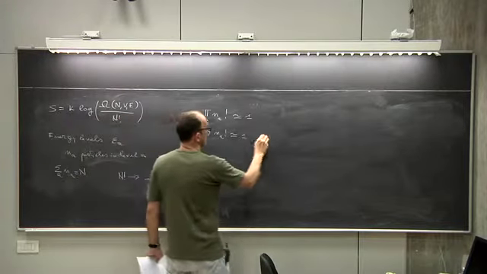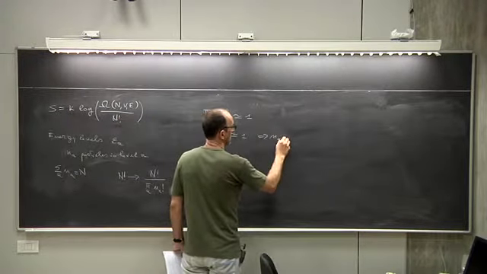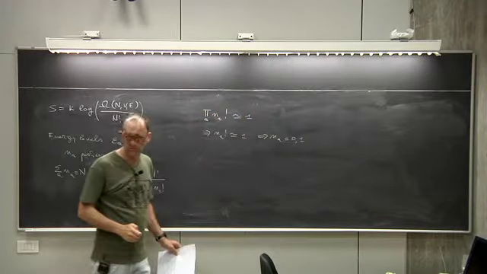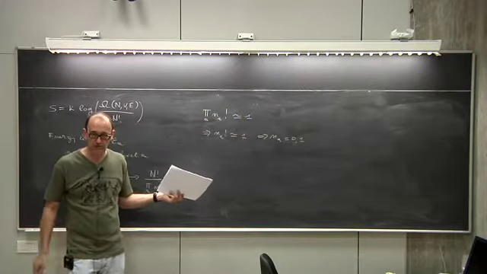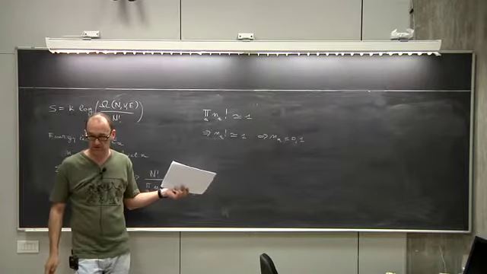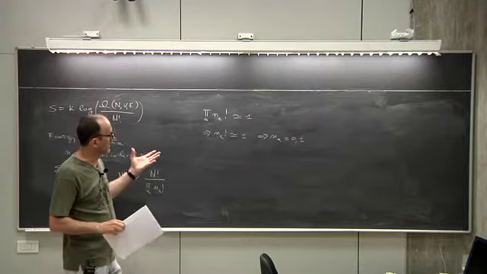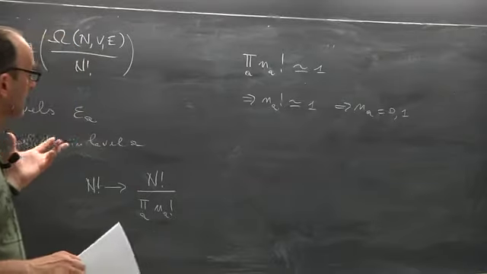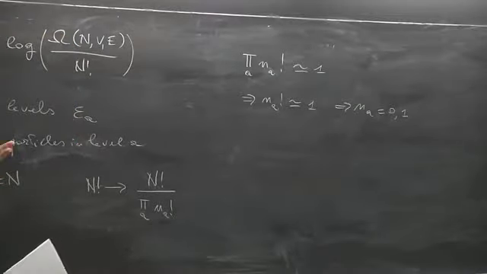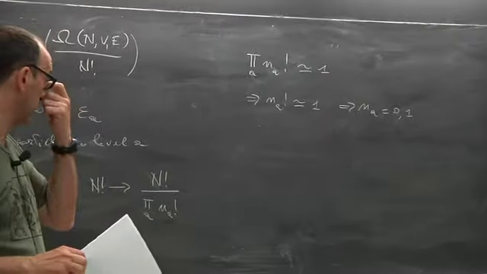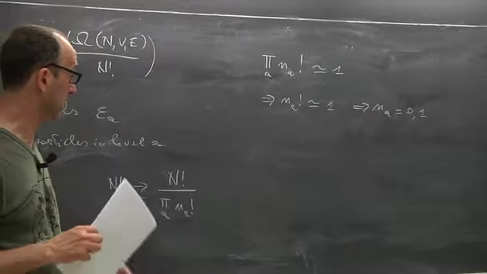And this means that N_A is either 0 or 1, because you know that 0 factorial is equal to 1 and 1 factorial is equal to 1. Okay. Then if the occupation number is always less than 1, then this way of counting the states will be approximately correct.